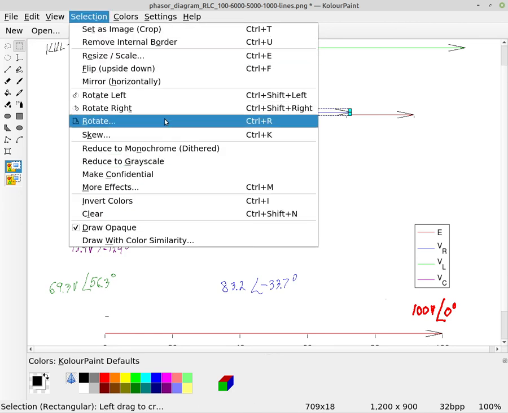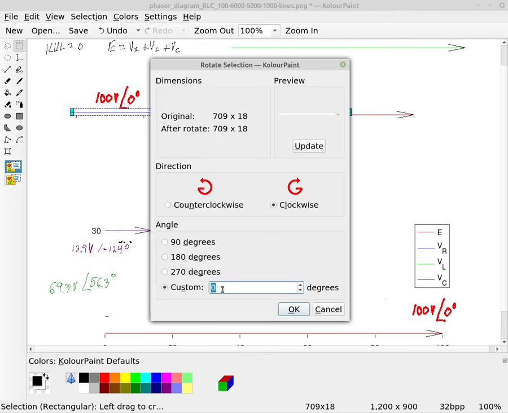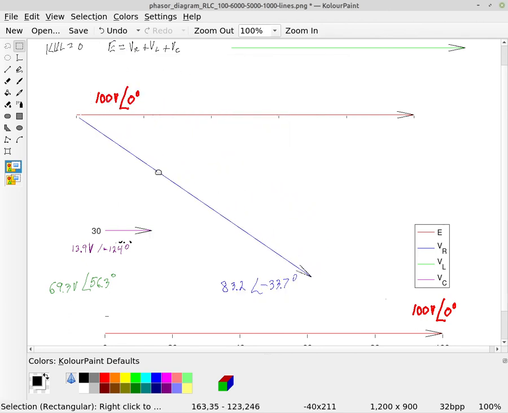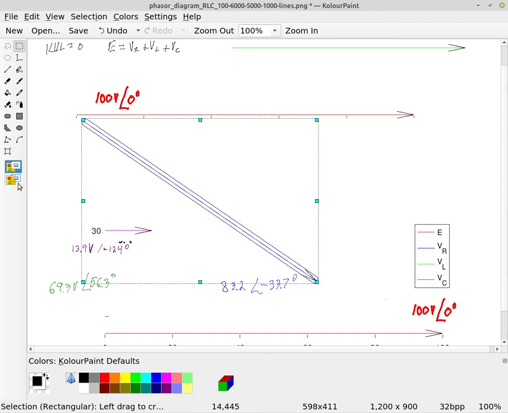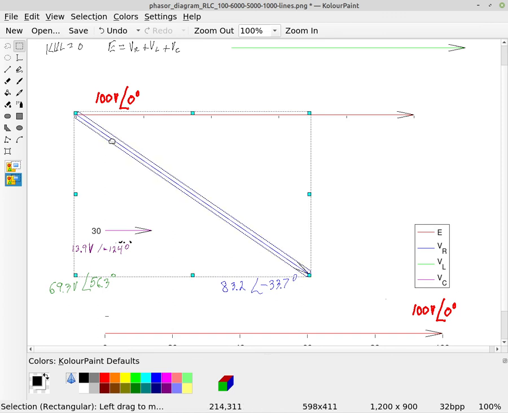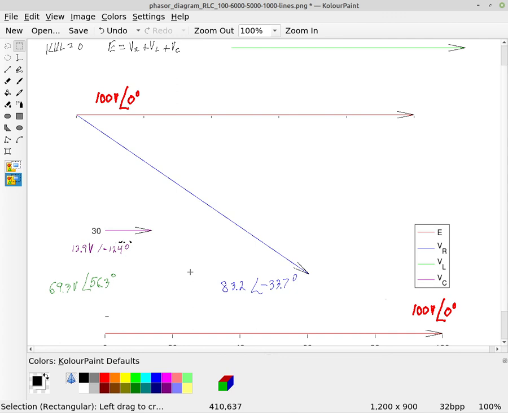So I'm going to go to rotate clockwise, and it's going to be 34 degrees. That's about as close as I'm going to be able to get it using this software. And I'm just going to take this end and put it right there where the red begins. Okay? And so this is my voltage.